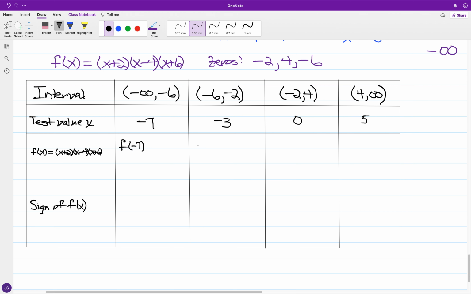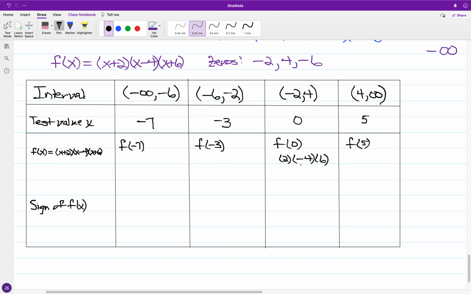Okay, now we have the test values. Okay, so we have our numbers. If I work with 0 first, 0 plus 2 is 2. 0 minus 4 is negative 4. And 0 plus 6 is 6.